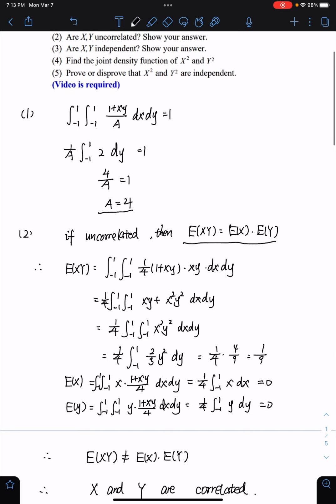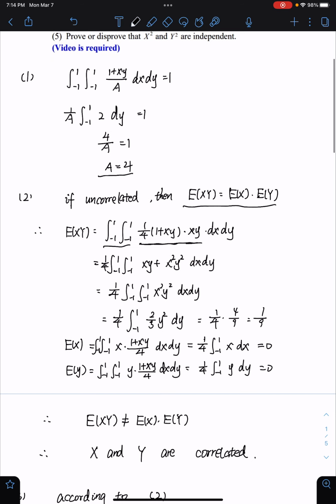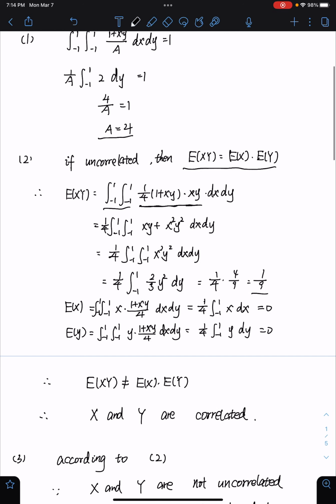So we apply the definition of expectation, multiply xy by the density function and do the double integral, and we can calculate that the expectation of xy is 1/9.